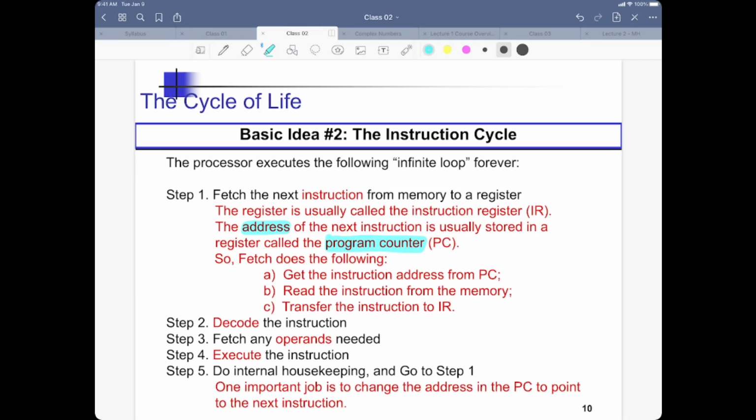Now let's go back and check in terms of the number of bits. We were saying data is n bits.